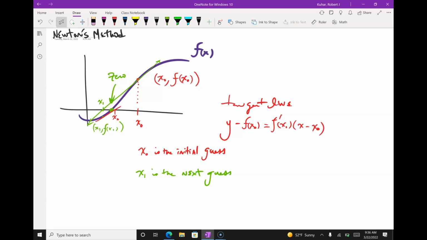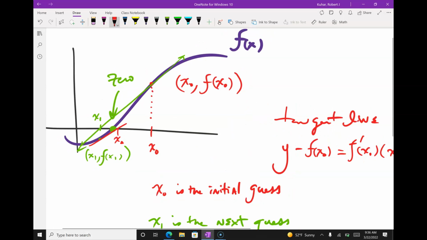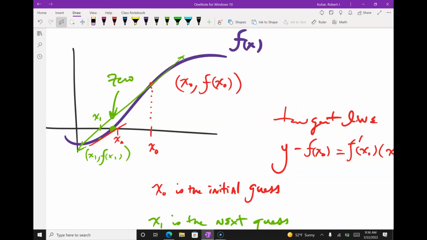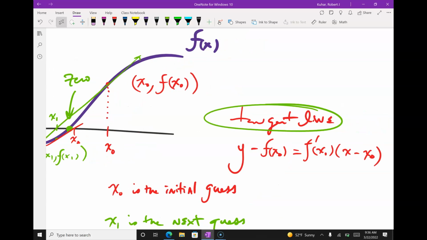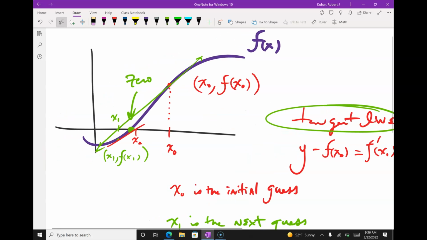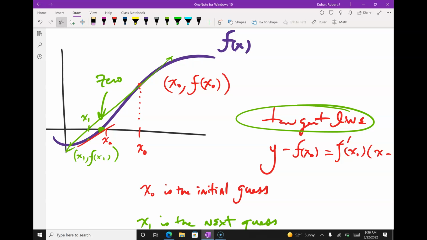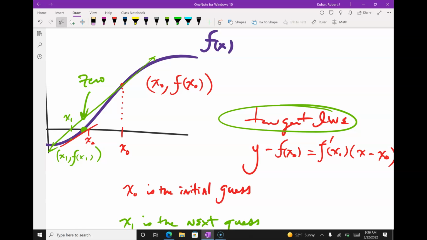What do I know about x and y on this? Look at this green. Remember, the green is my tangent line. The green is my initial tangent line. What do I know about x and y at this point? Well, what letter is x on my page here? Not x0. x0 is here.